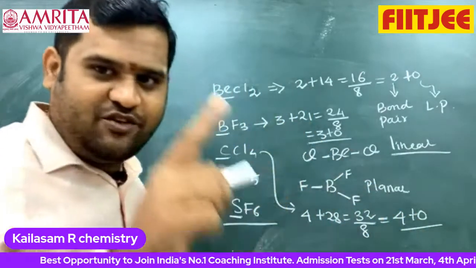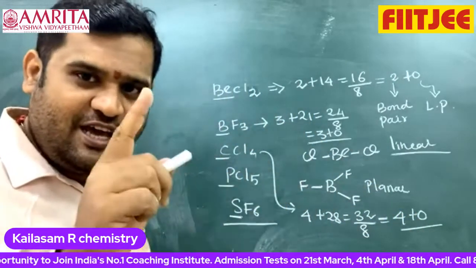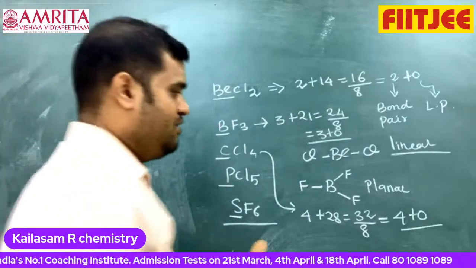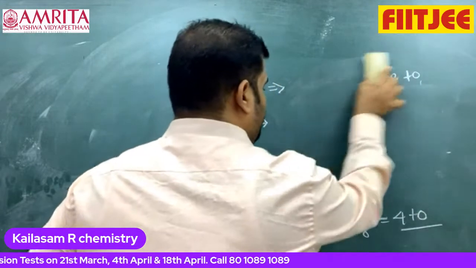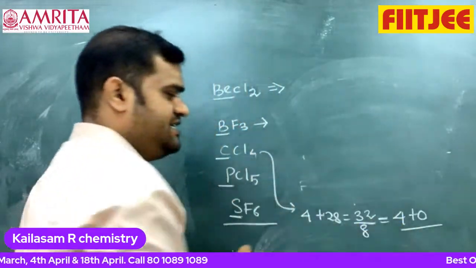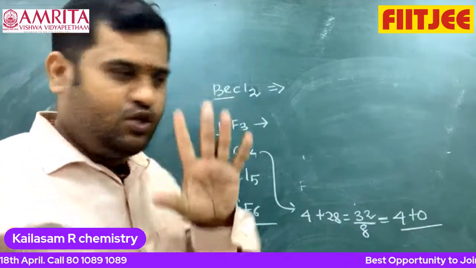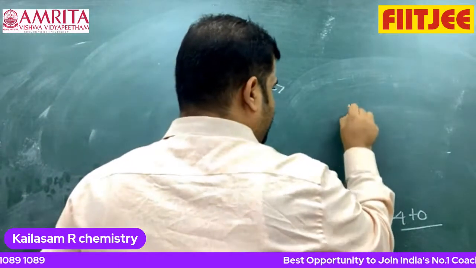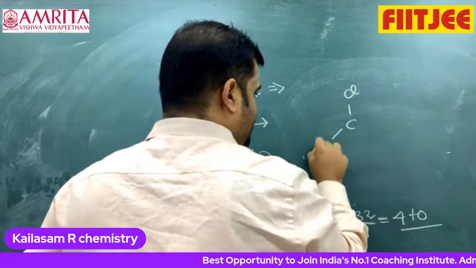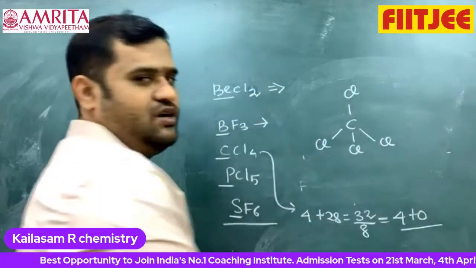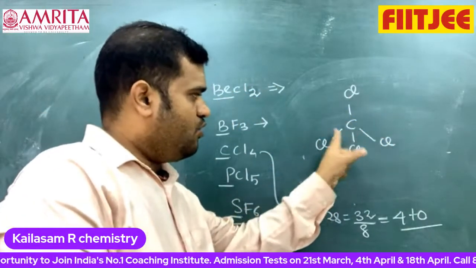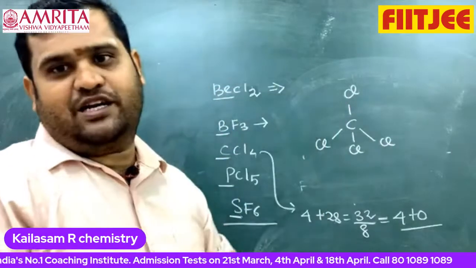If it is 4 plus 0, they are called tetrahedral geometry. This clearly says 4 bond pairs, 0 lone pairs. Therefore, I can write C with four Cl. That means no lone pair, only bond pairs. They are perfectly tetrahedral geometry.